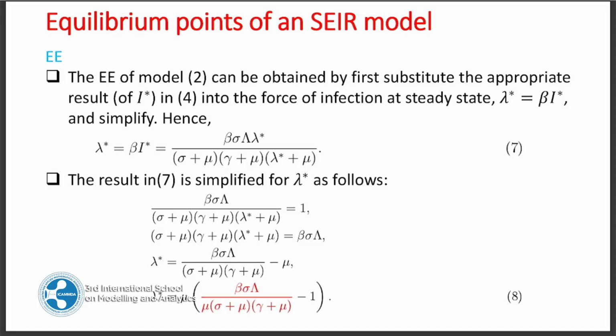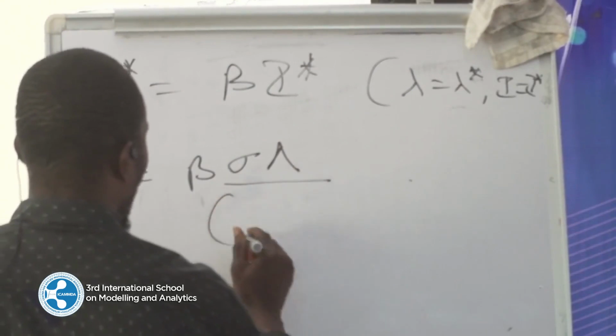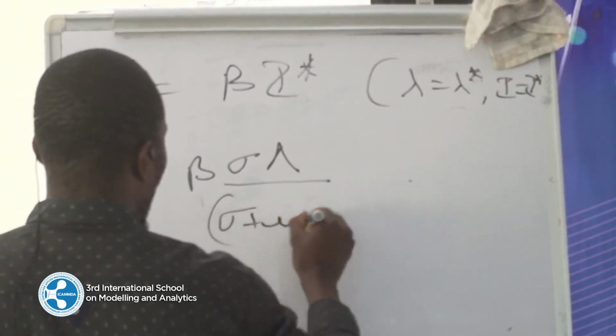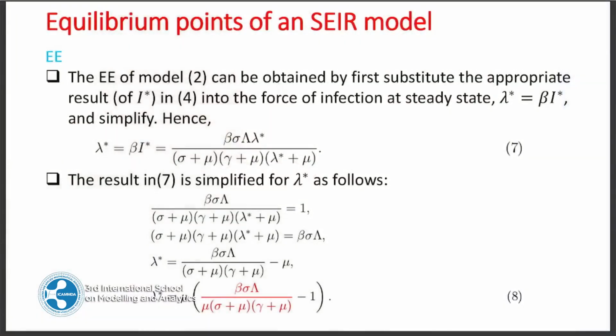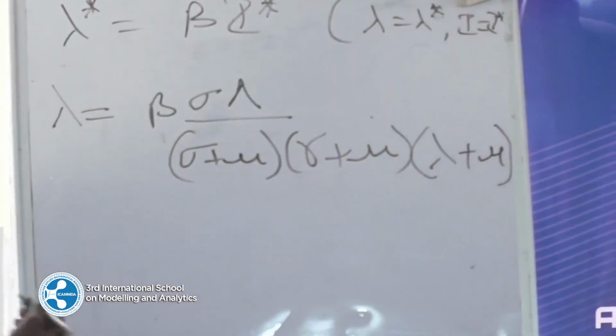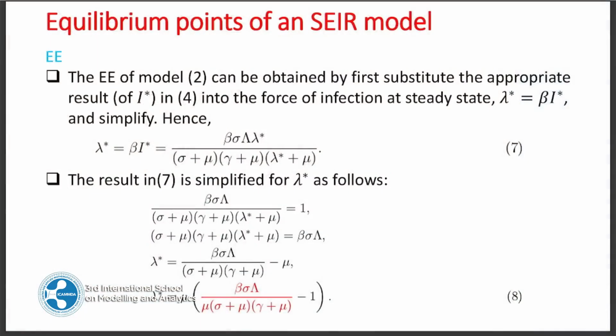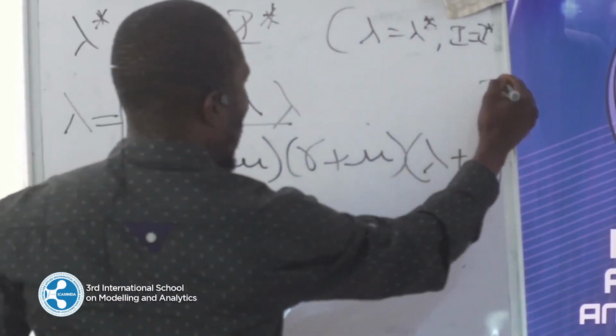I is sigma over lambda into sigma plus mu into gamma plus mu into lambda plus mu. Okay, thank you. So this is the I star.